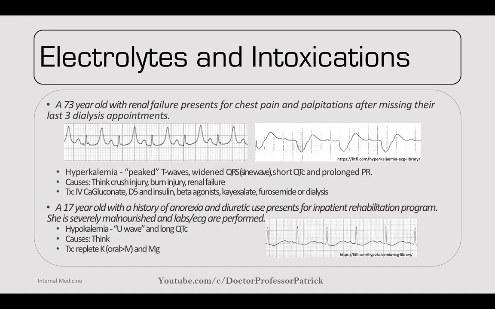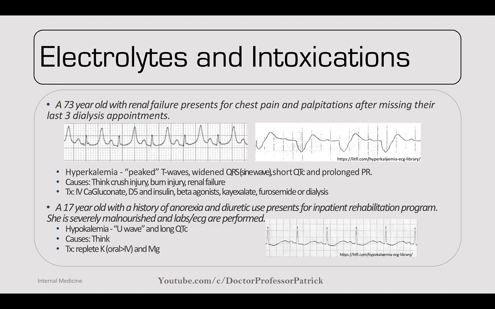So for electrolytes and intoxications, we're going to start with our potassium. Our first case, we've got a 73-year-old renal failure patient presenting for chest pain and palpitations after missing their last 3 dialysis appointments. If you look on EKG, those T waves are extremely tall and peaked.